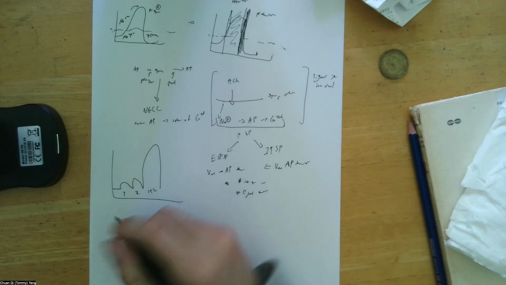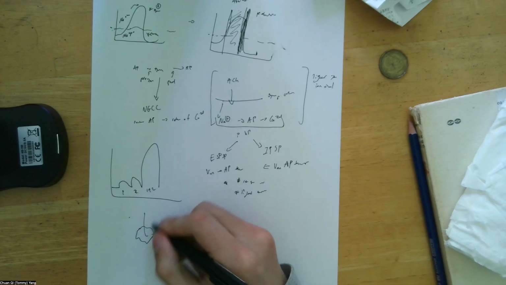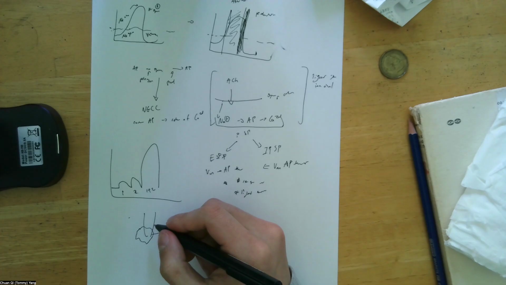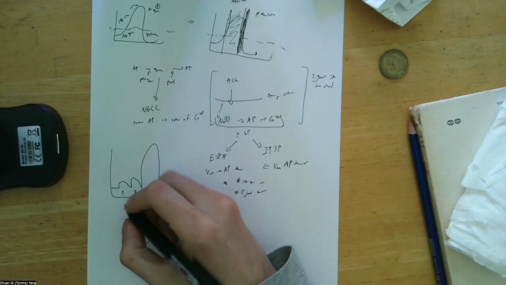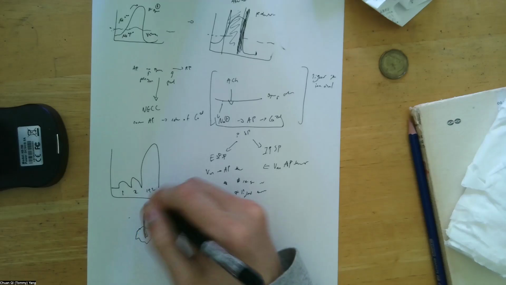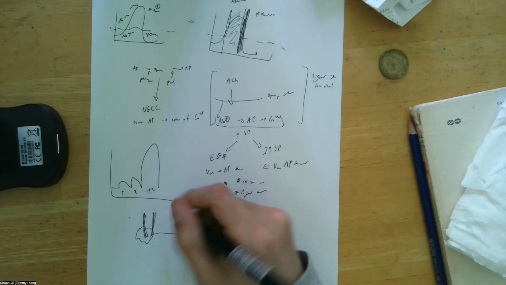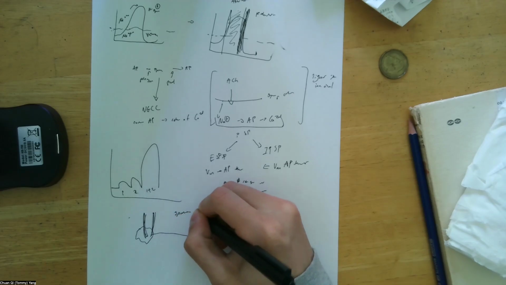Let's imagine we have an axon, and you have two different innervations here. If they're from two different axons, then this is called spatial summation.